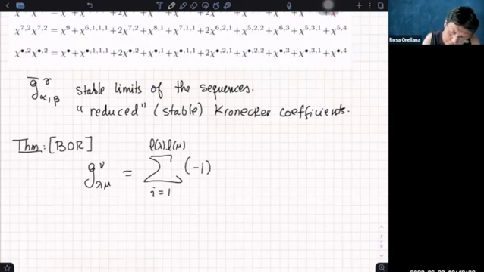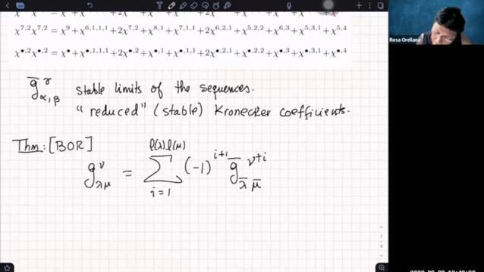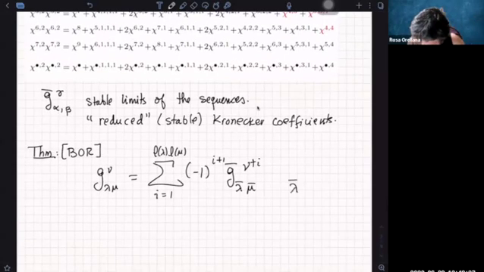And they are simply given by this formula right here. This means you remove the first row of a partition.